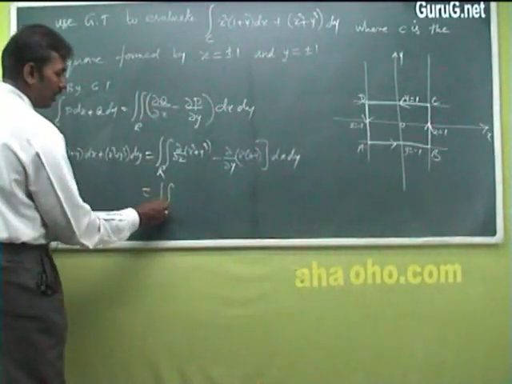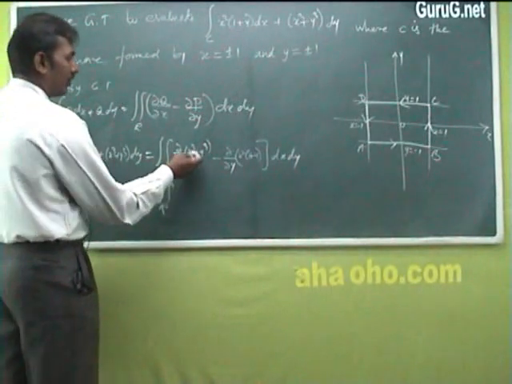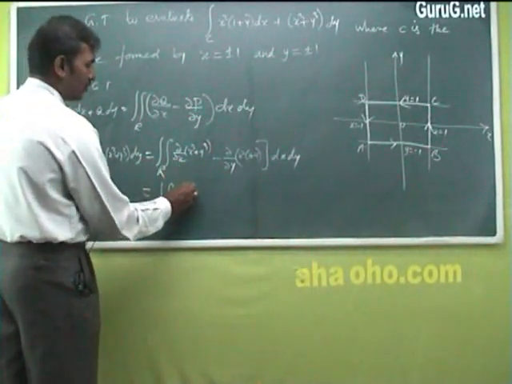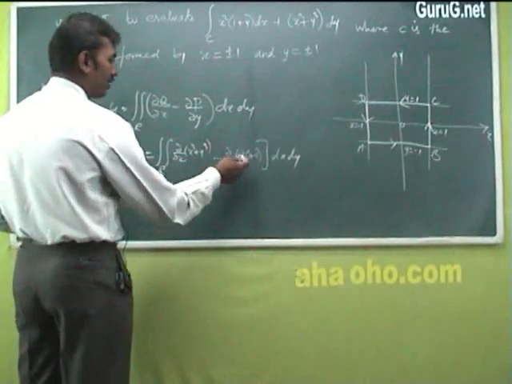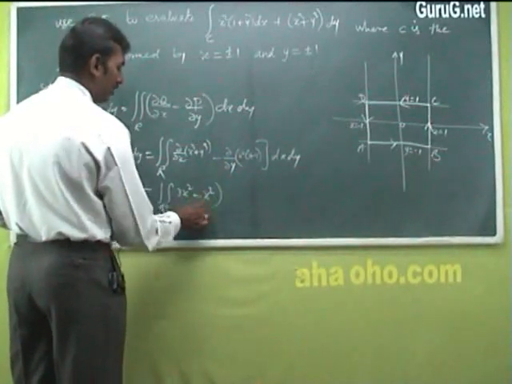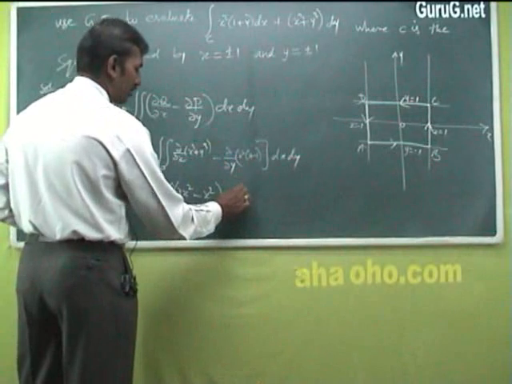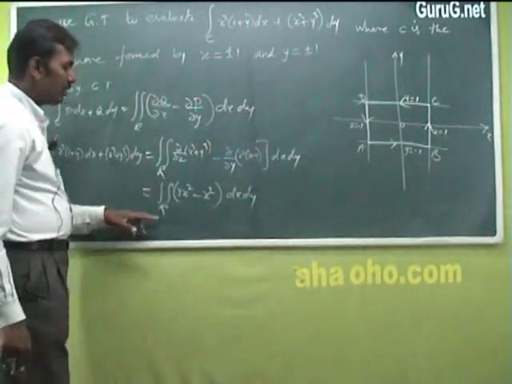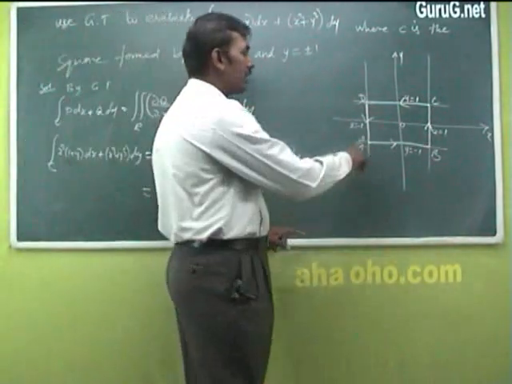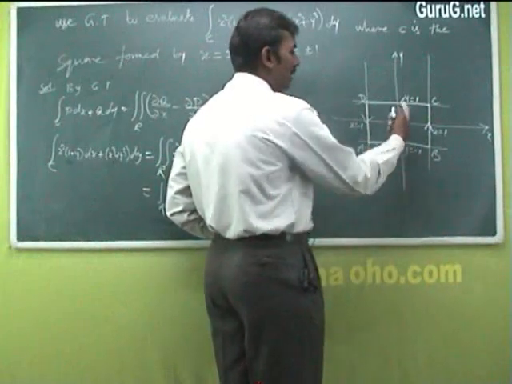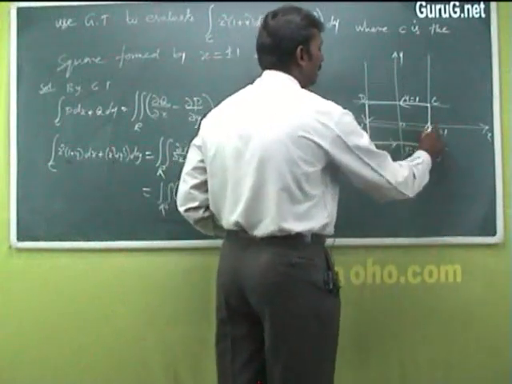So double integral over R, with respect to x you get 3x squared, minus with respect to y you get x squared, dx dy. Solve with the limits. x varies from minus 1 to 1 and y varies from minus 1 to 1. Take a horizontal strip.